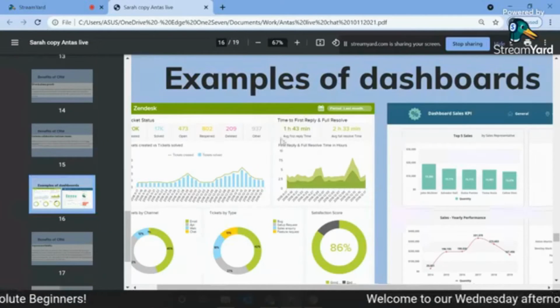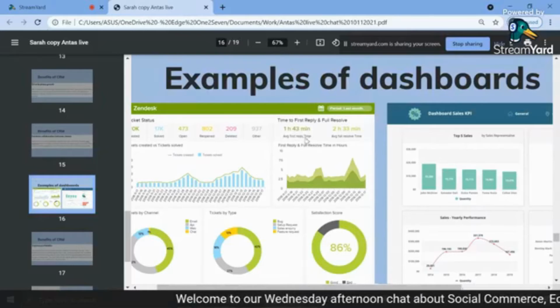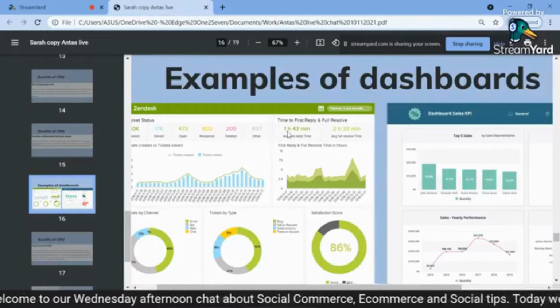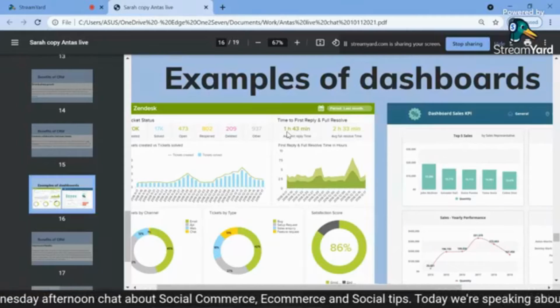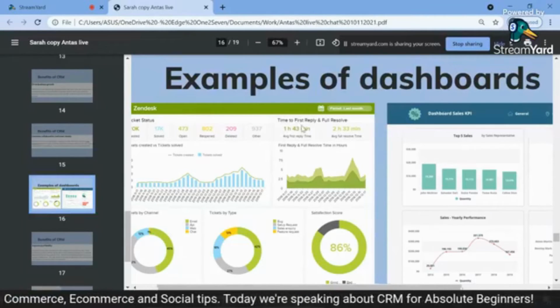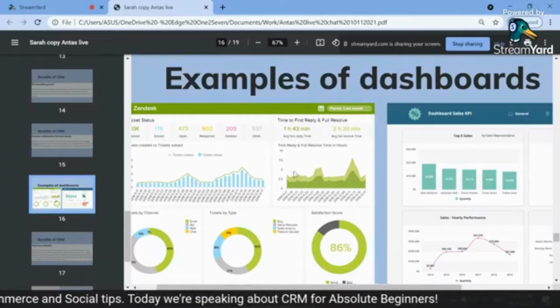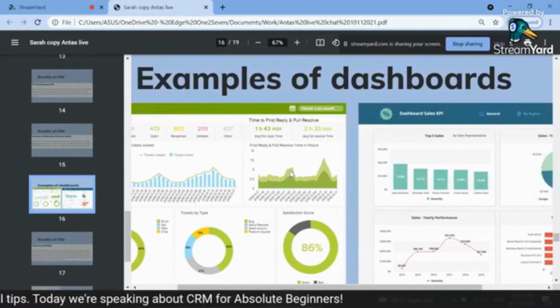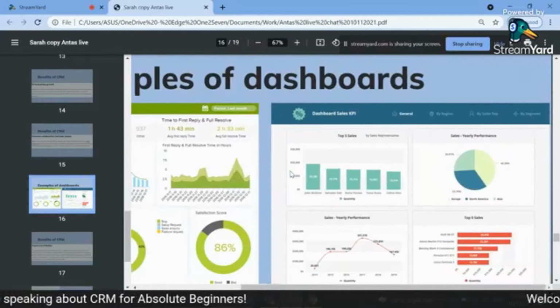Based on data like this, for example, you see the average reply time is 1 hour. You could set a target. Okay, I'm gonna make it, instead of 1 hour 43 minutes, let's target and make it 1 hour 10 minutes. So based on this, you could track and set new targets to improve your customer service.